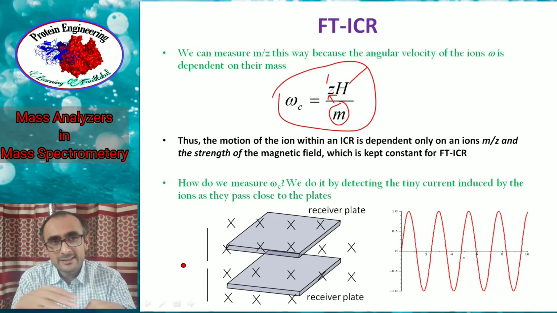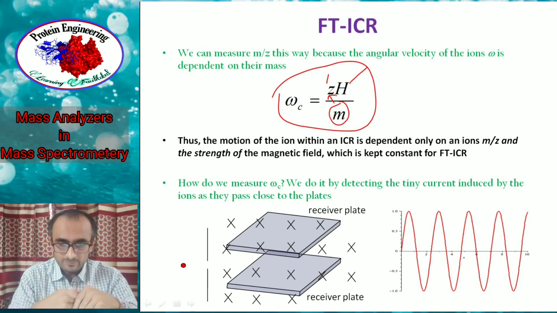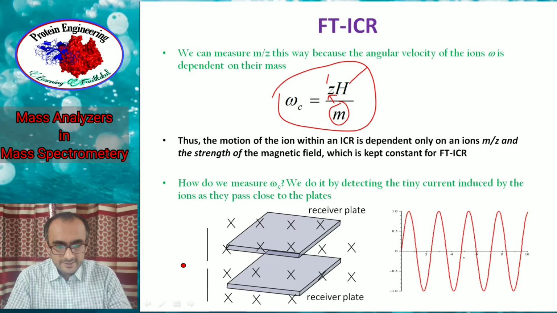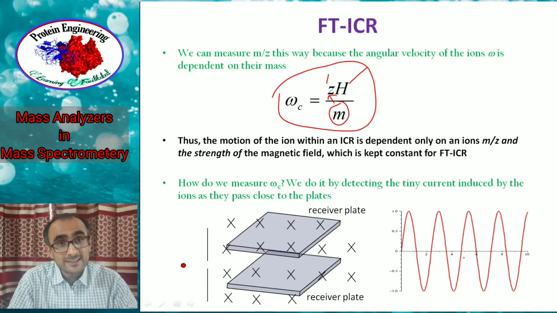So if you can determine the angular frequency of these ions which are circulating in an orbit in an ICR cell, you can determine m/z also. And this is done by detecting the tiny current induced by the ion as it passes close to the detector plates.